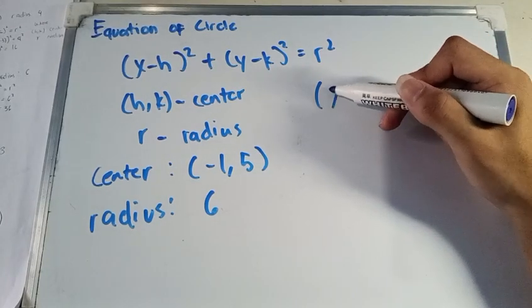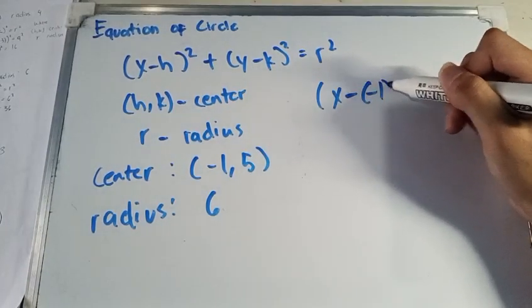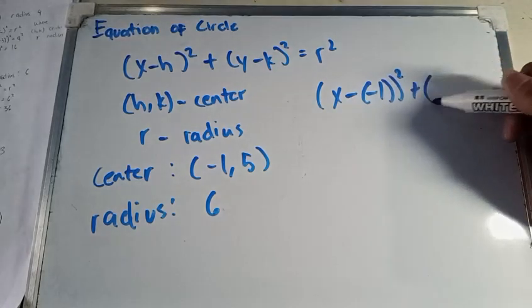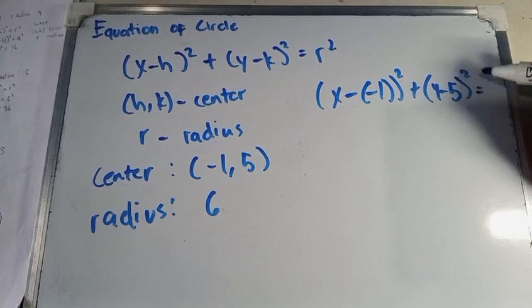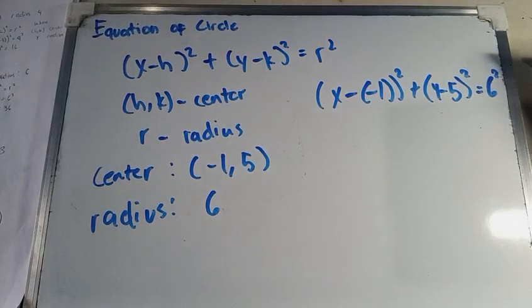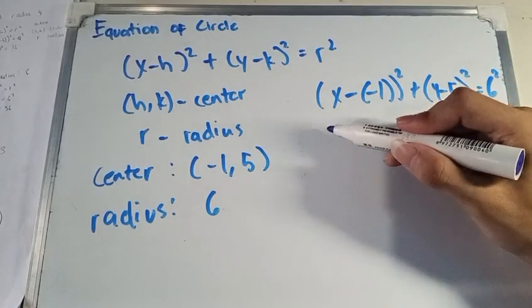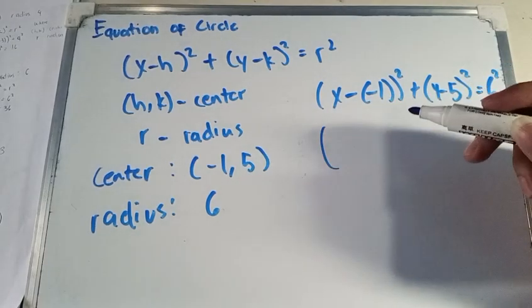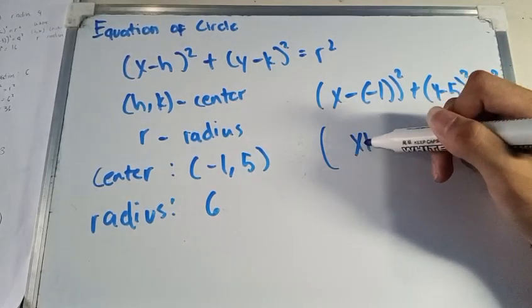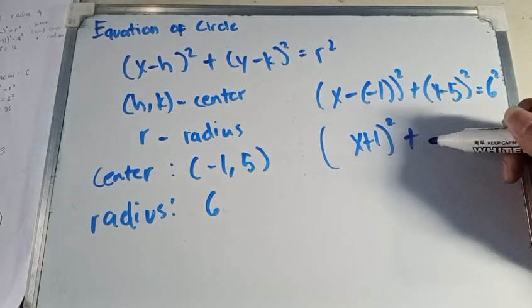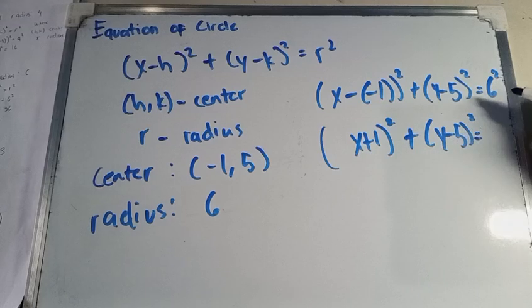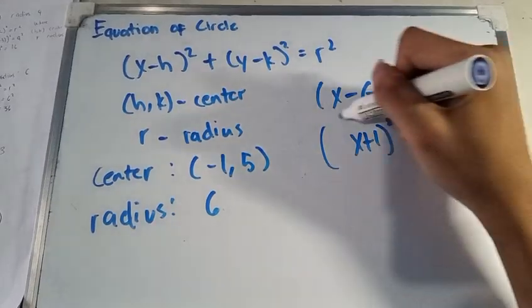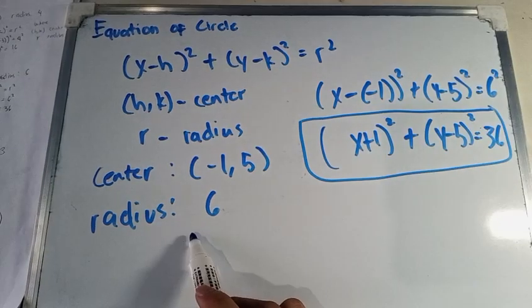So x minus h, which is negative 1, squared, plus y minus k, or simply y minus 5, squared, equals r squared, which is 6 squared. Now x minus negative 1 is x plus 1, squared, plus y minus 5, squared, equals 6 squared, which is 36. Therefore this is our standard form for this given circle.